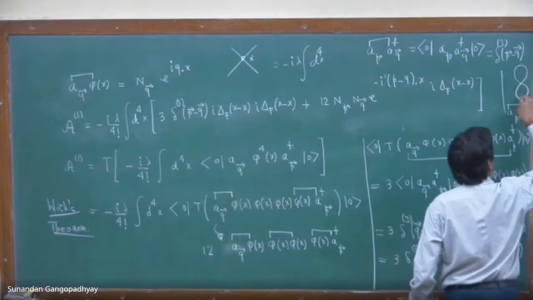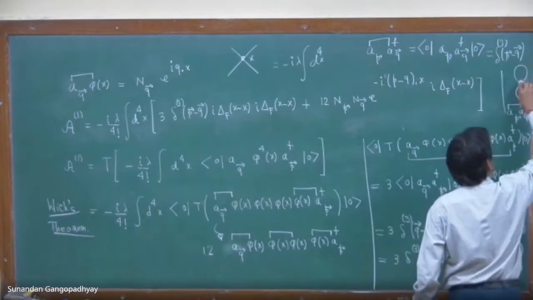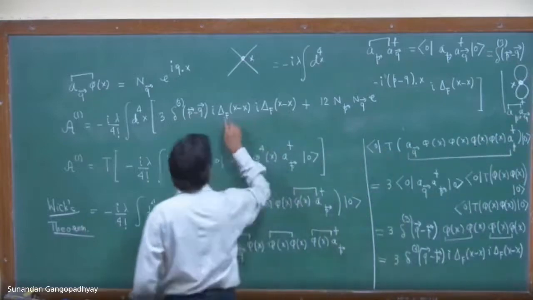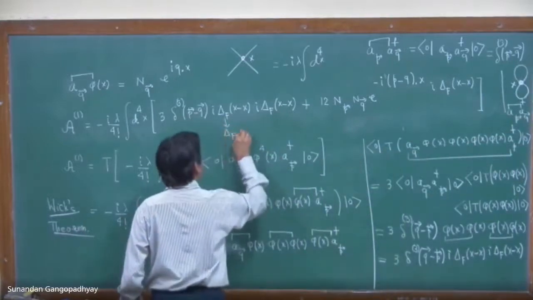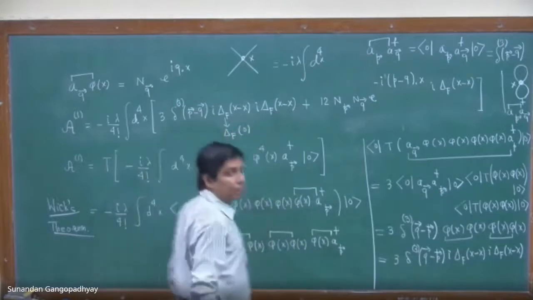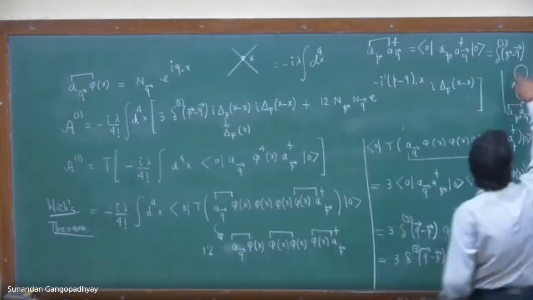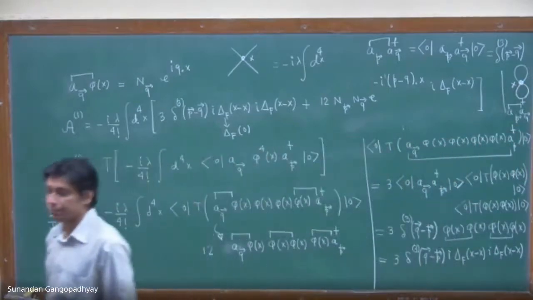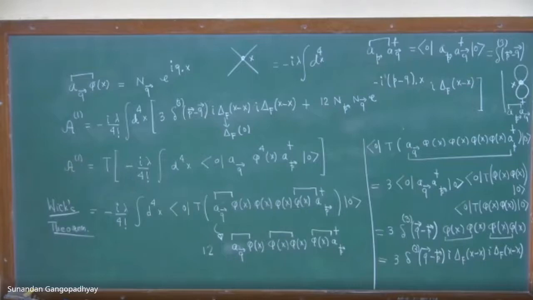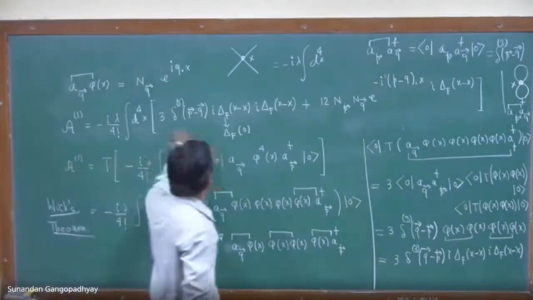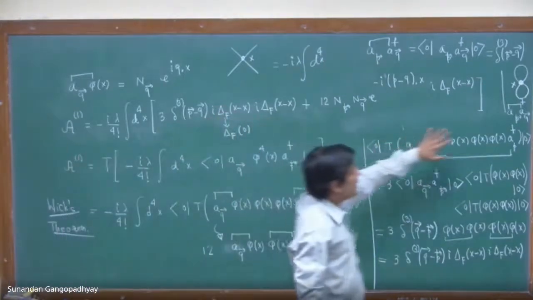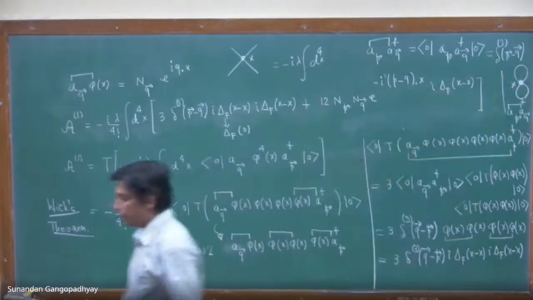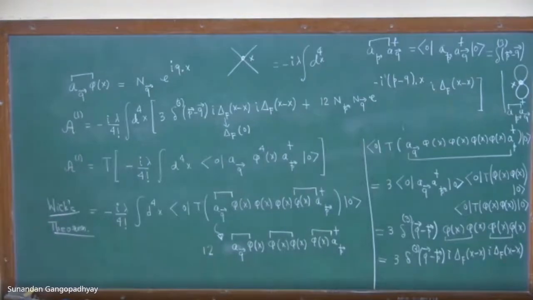This is the diagram that we have already seen, because this is delta F of 0, but the 0 is centered at the vertex x. So you have two blobs here at the point x. And you can see from this the first term is nothing but a disconnected Feynman diagram. Okay?